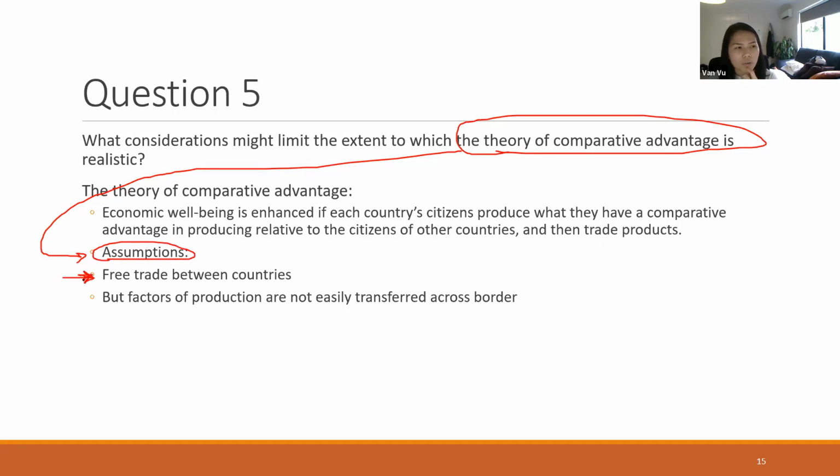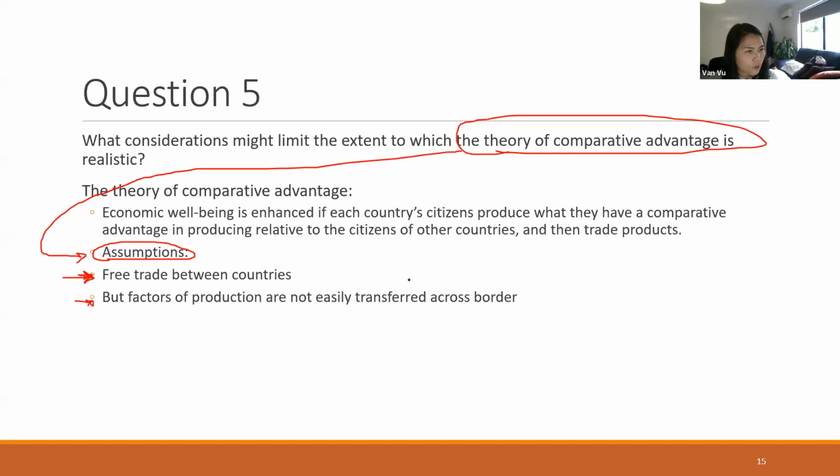So for countries to be able to exchange their relative cost savings, they should be able to trade with each other. Otherwise, I will be stuck with the things that I produce, and my neighbor country will be stuck with whatever they produce, if we can't trade with each other.